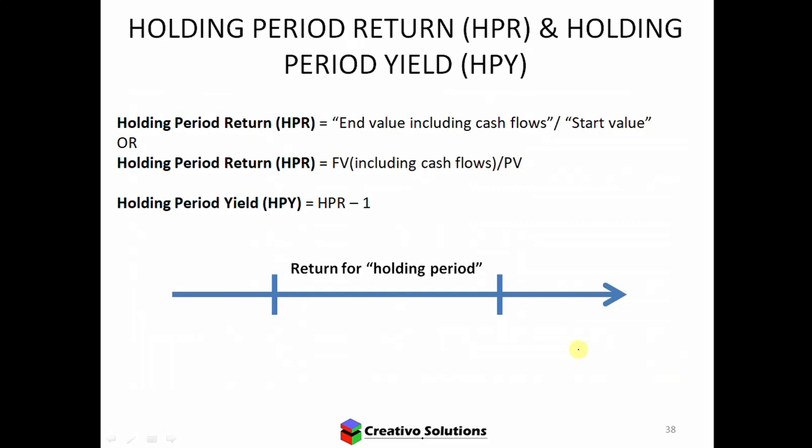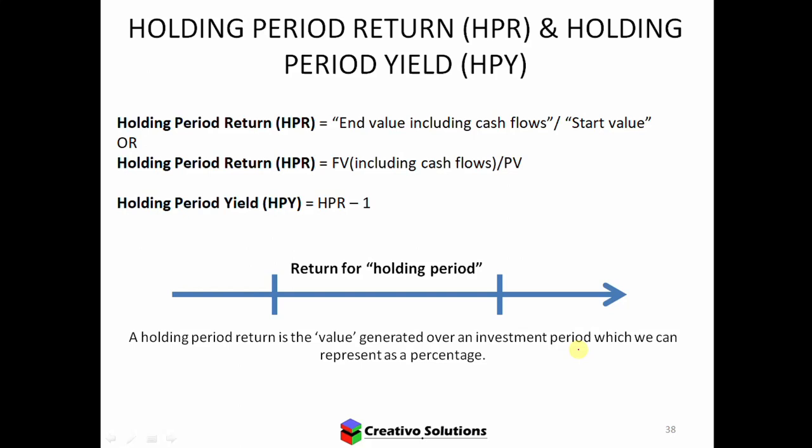Right, so when you're looking specifically at the holding period return, you're looking specifically at the amount of money that's generated from having invested to the end, okay, when the investment matures. Right, so just think about the holding period return as being the actual real value that's generated over the investment period, taking everything into consideration.